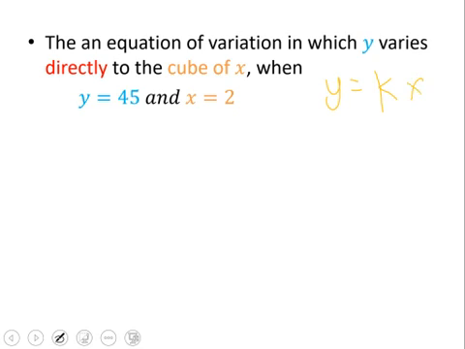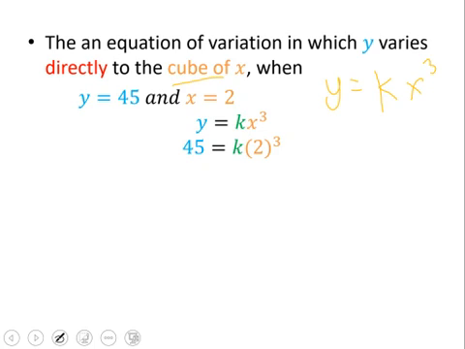Now, it also is saying that it's the cube of x, which means we take it to the 3rd power, not multiply by 3. Just the x is being hit with that. After that, we would plug in the numbers that we know. Y is 45, x is 2. And we want to find what our k value is, and then rewrite the equation. So find k, and then plug it back into the equation.